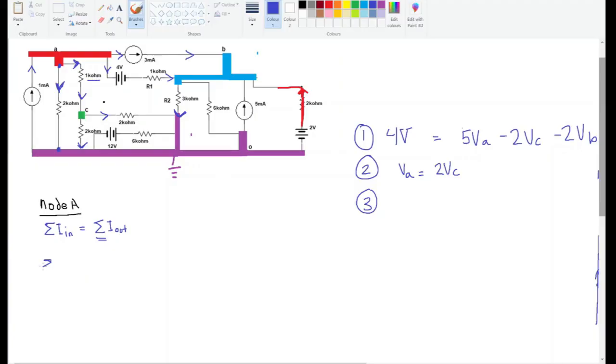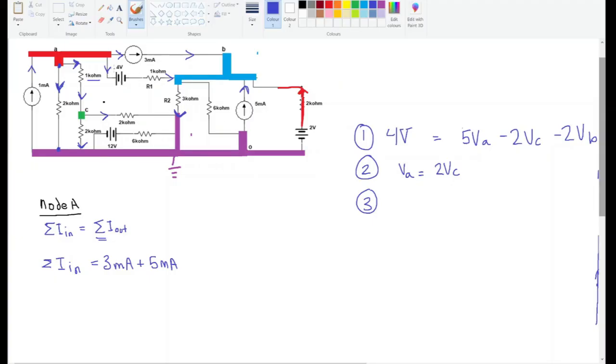The sum of the currents going into the node is equal to, first of all, 3 milliamps. Oops, I guess this got removed. So that's 3 milliamps. We can also do this one over here. That's 5 milliamps. That's nice. Makes life easy for us.